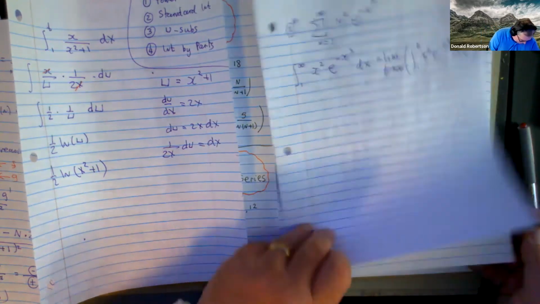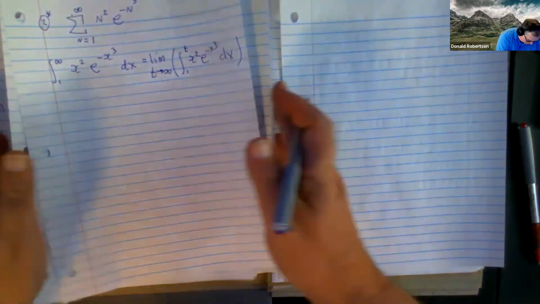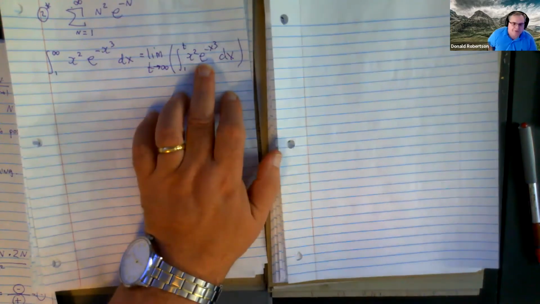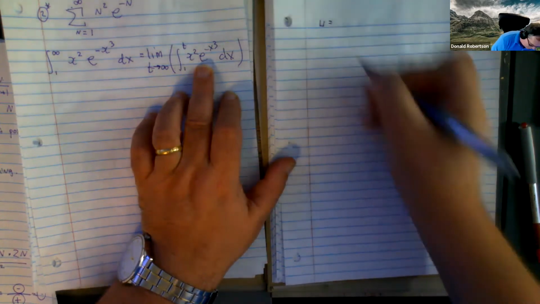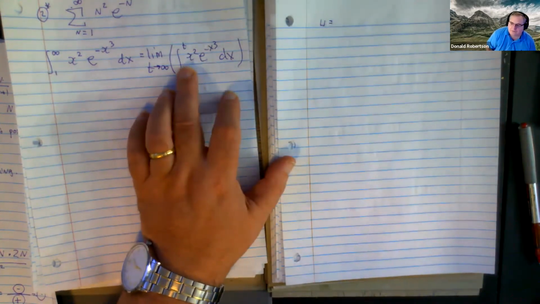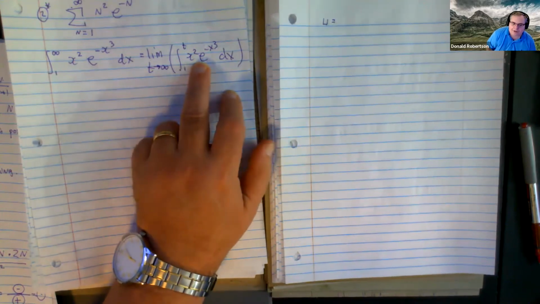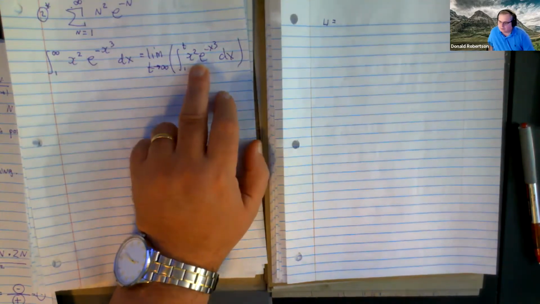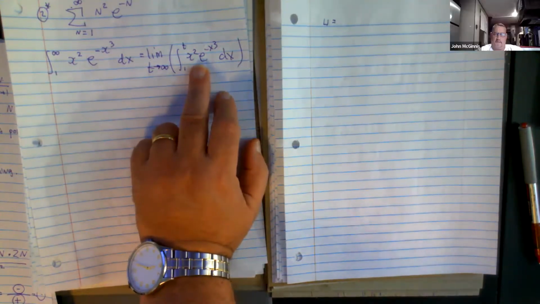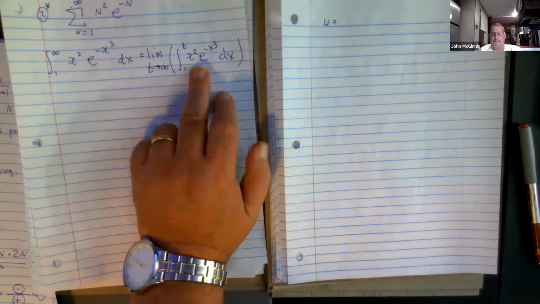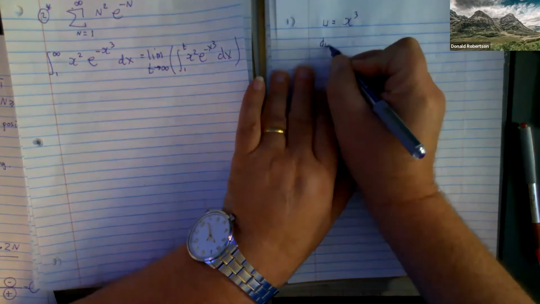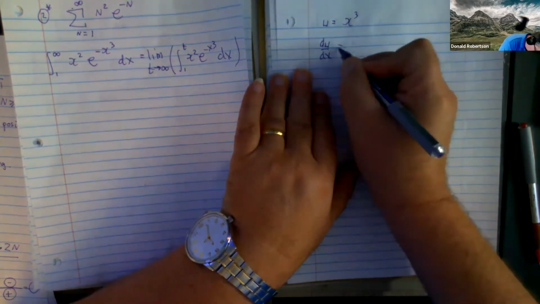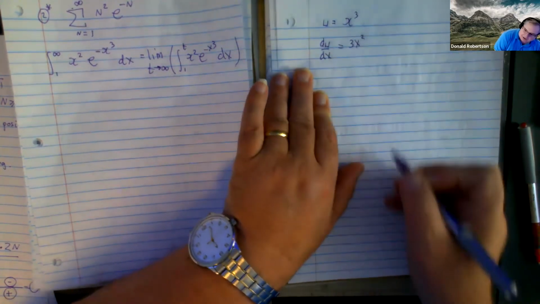Now, since I've said it is going to be integration using u subs, what would be the u sub in this question? It's going to be the x cubed. Okay, let's do that version. So you differentiate, you get that.